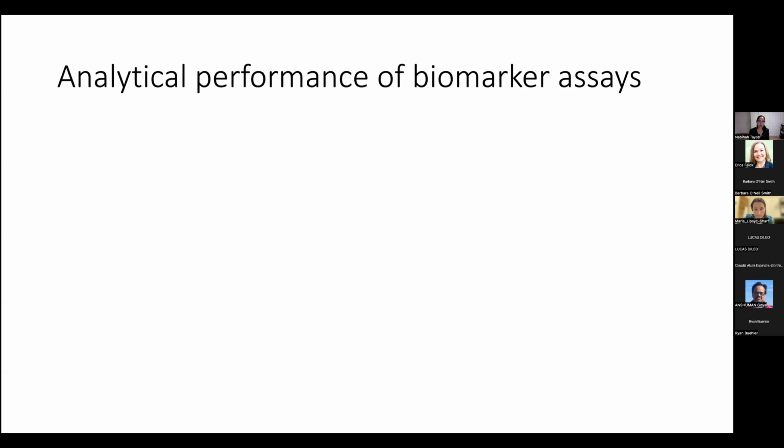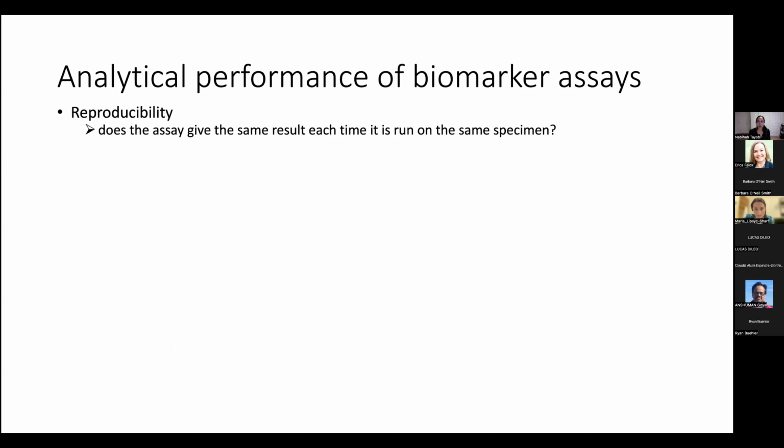Okay. Just to go into a little bit about the analytical performance of the biomarker assays. Some key things that you want in your biomarker assay once you're getting to the point of validation studies. Reproducibility: does the assay give the same result each time it's run on the same specimen?